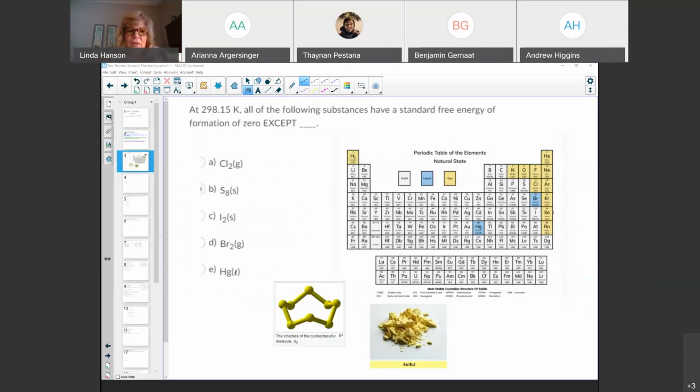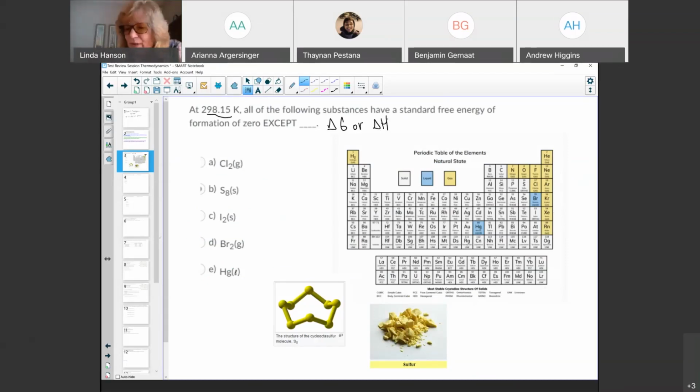It says, at 298.15 Kelvin, so you know that this is just standard temperature, all of the following except blank have a zero standard free energy of formation. So all of the following substances have free energy, that's delta G, or it could be delta H. I just want to make sure we see that. It could also be delta H from like last chapter.